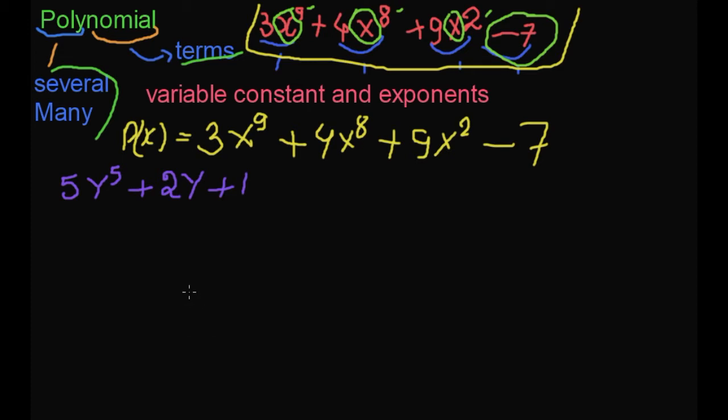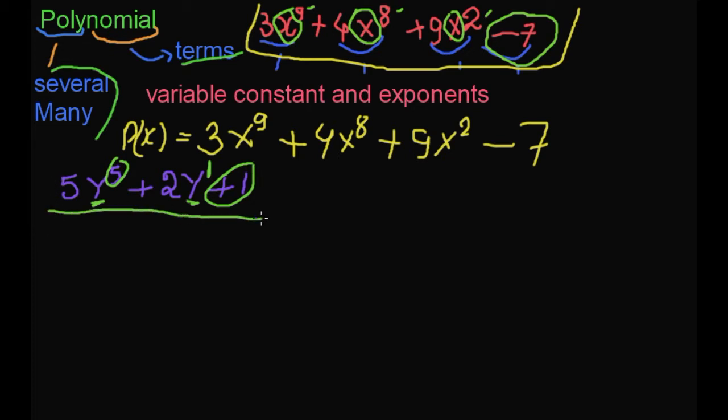Yes, this is also a polynomial function because here y is the variable, 5 is an exponent, and 1 is an exponent. If there is nothing written above the variable, it means the exponent is equal to 1. So here 1 is the exponent, and plus 1 is called the constant. So this is also called a polynomial function.